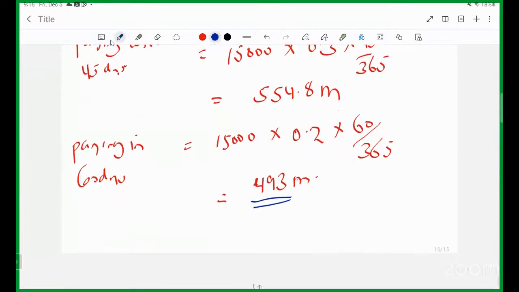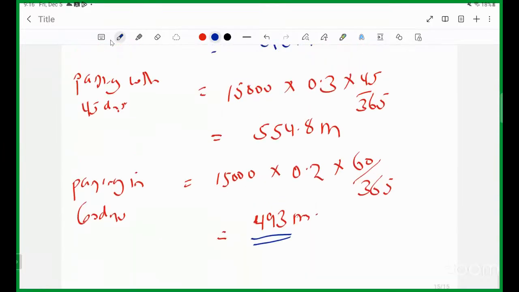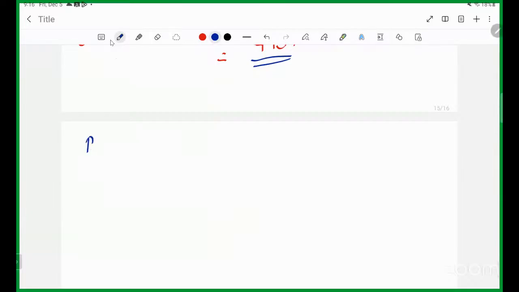Now, what is the total revised receivables? So the revised receivables are going to be, when you add them in total, what do you get? 1664. 1664.